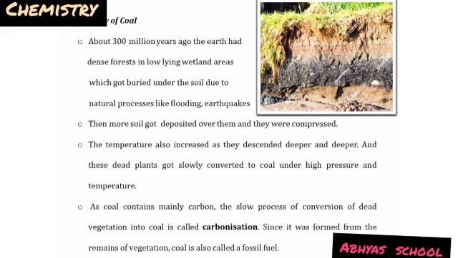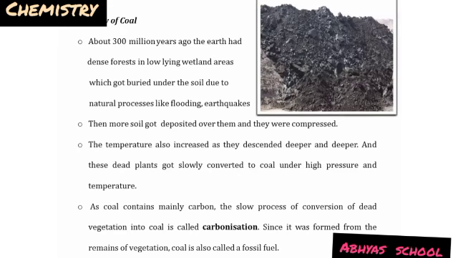As I have explained in the previous slide, a fossil fuel is a fuel which is obtained from the remains of dead living organisms. We can say that coal is also a fossil fuel. And then we should dig out, or extract, or mine this coal from the earth. So this is how coal is formed.